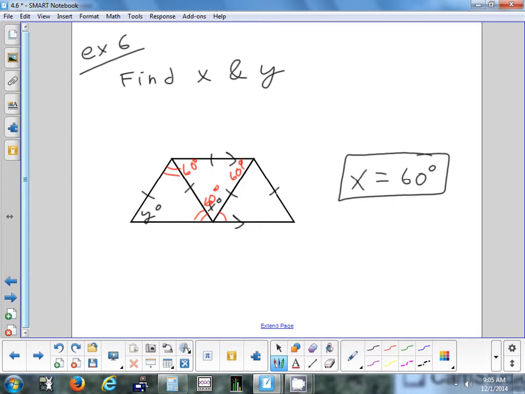So now you had the 60 up here, which matches the 60 down here. And now you've got a straight line on the bottom. So we've got 60, 60, straight angle makes 180. That has to be a 60. And that's what helps us do the other triangle. If the one at the bottom is 60 and the one at the top is congruent, it also has to be 60.